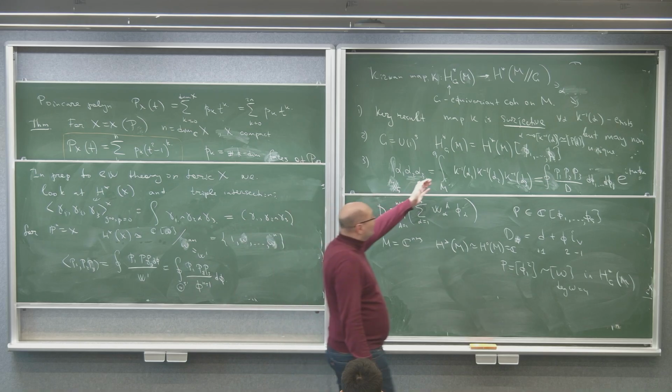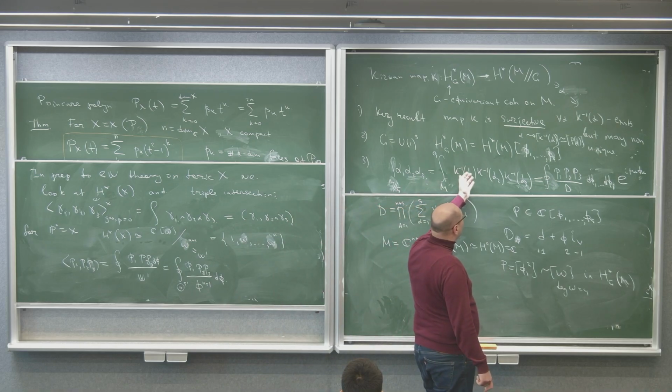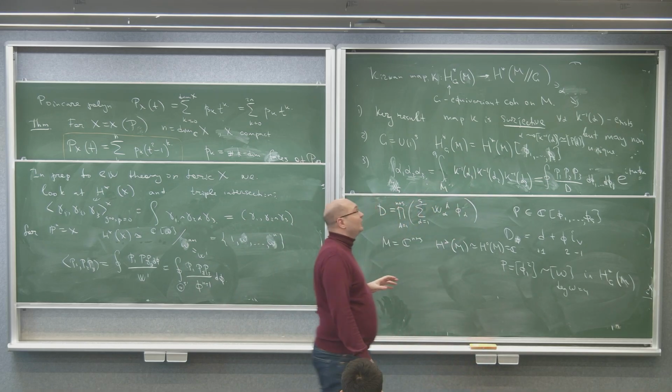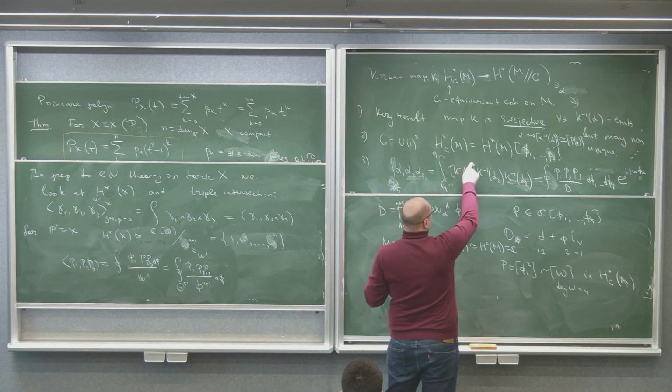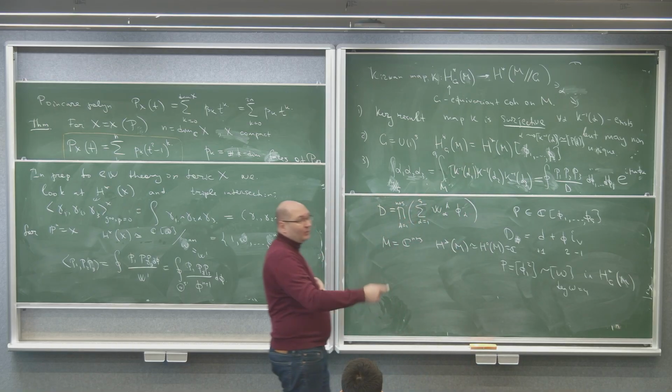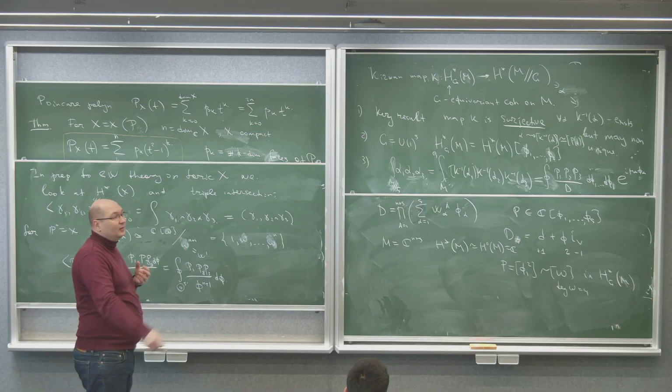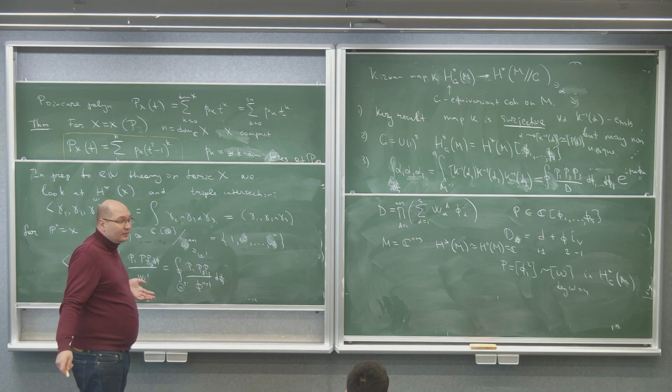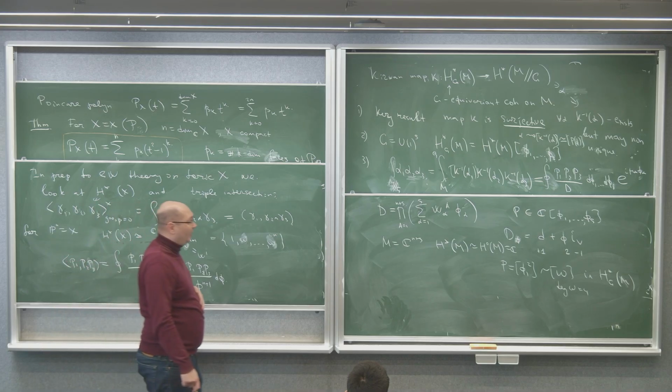Yeah, so this is an equivariant integral, but it depends only on cohomology classes here. And for cohomology classes, I can find a representative which is just a constant form times some power of phi.